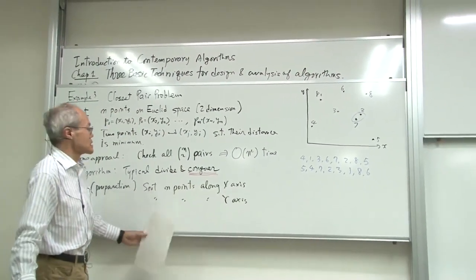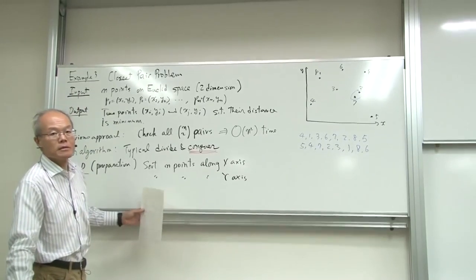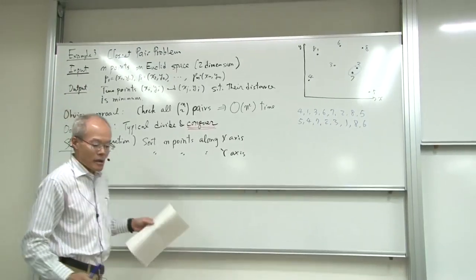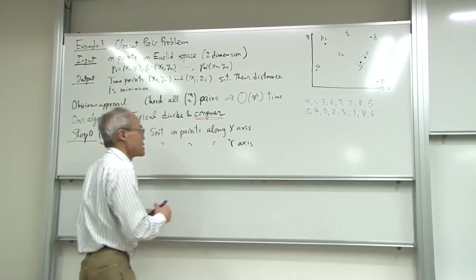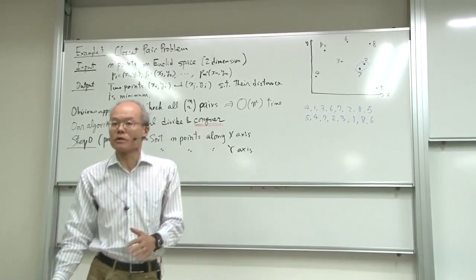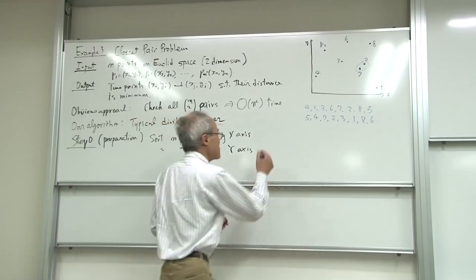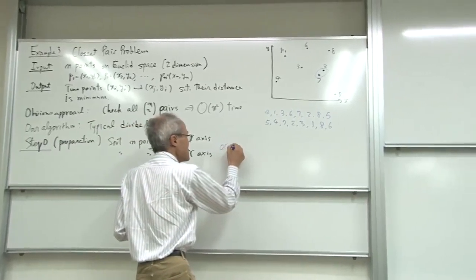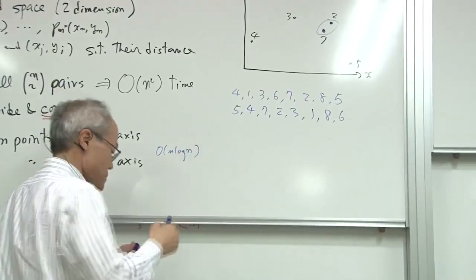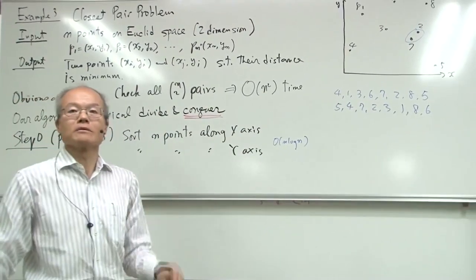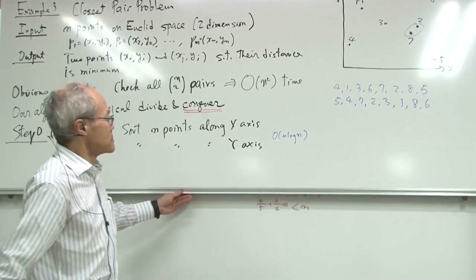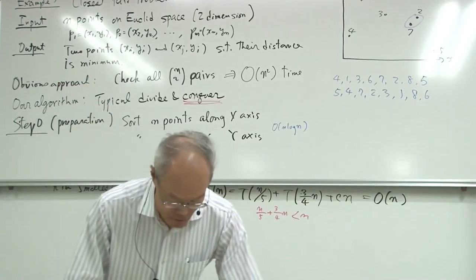So this is step 0. This is just a preparation. By the way, we can use any standard sorting algorithm. The computation time is n log n. You can use any standard sorting algorithm.